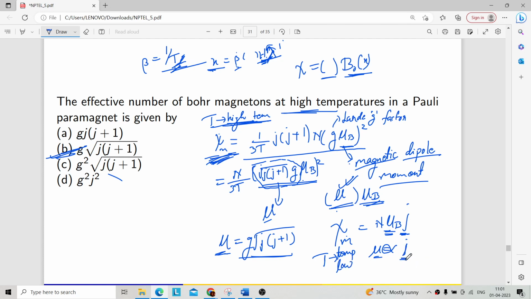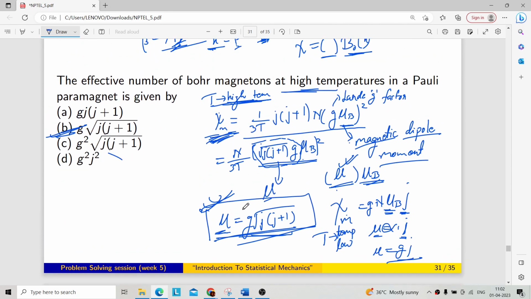There is some Landé G factor, so mu will be G times J at low temperature, but for high temperature it is the square root. So just remember this, we'll use it in the next question. High temperature means if it is room temperature also, this formula is valid. Low temperature means near absolute zero, so we don't have much use of this formula for room temperature questions.